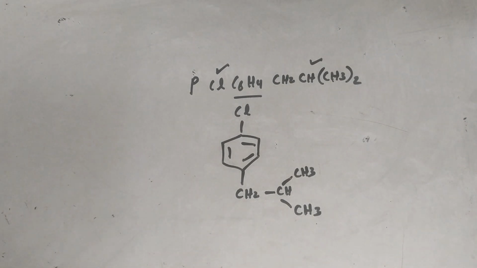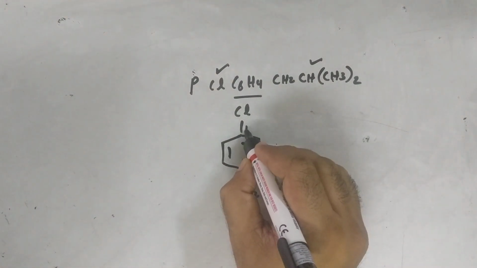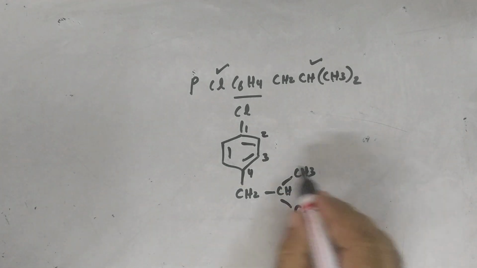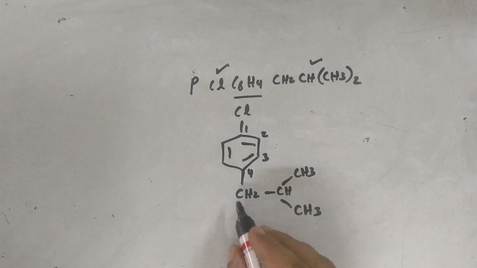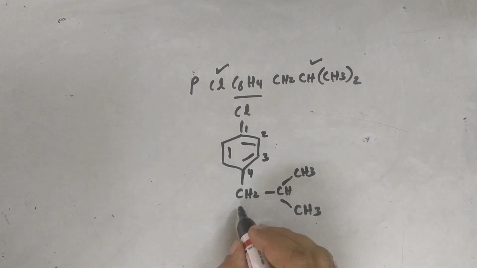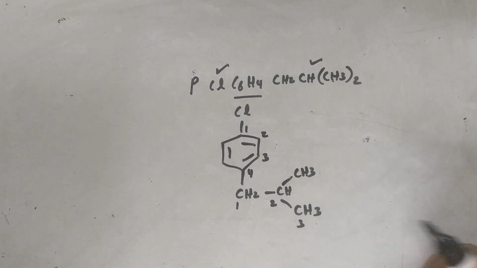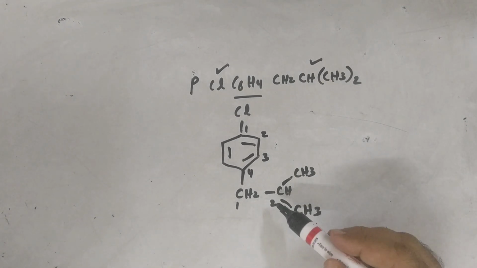So let's now name the compound. It will be named as a derivative of chlorobenzene. So it will be 1, 2, 3, 4. This is a complex group. It has to be numbered separately, starting from the carbon attached to the ring. So we number it like this: 1, 2, 3. This group will be called 2-methyl propyl. I again repeat, 2-methyl propyl.